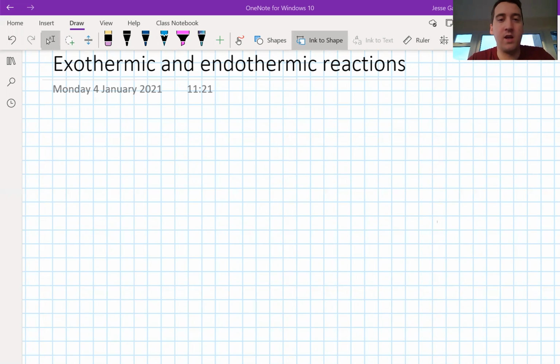So we are talking about exothermic and endothermic reactions. In the previous video, we discussed how energy can move between a system, which is basically reacting chemicals, and the environment of the system, which could be the container of the system or the space around the container.